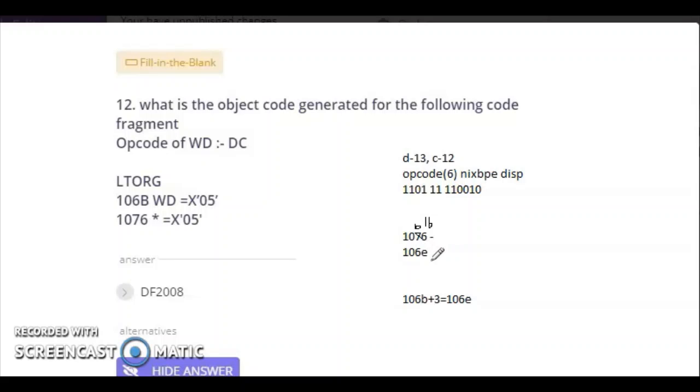Then 22 minus E, which is 14, gives 8. So the result is 008. Placing 008 in the displacement field, the format will be like this.